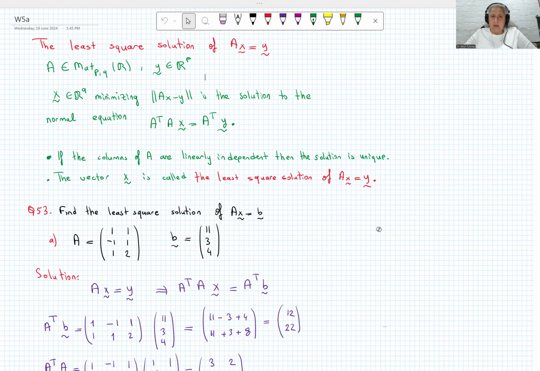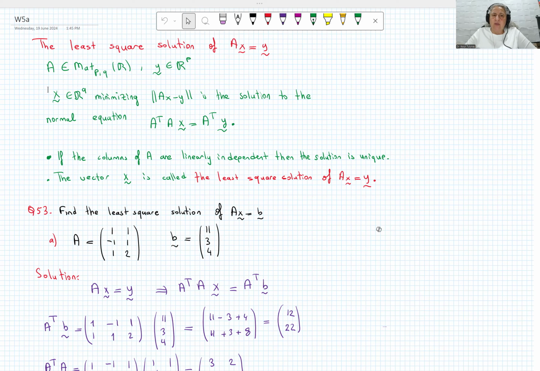Now, the least square solution of Ax = y. Basically, this is a very general format that I put here as information. A is a matrix with P rows and Q columns, and y is a vector in the p-dimensional vector space.